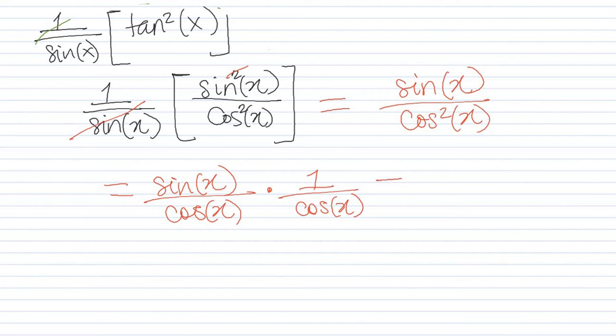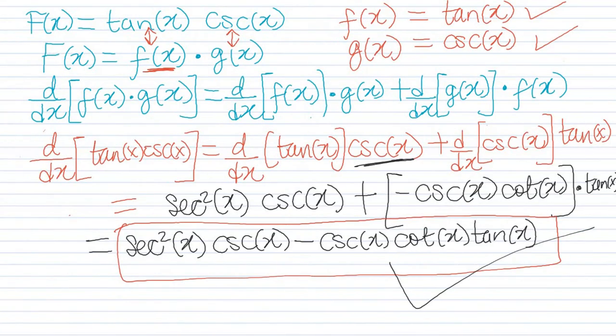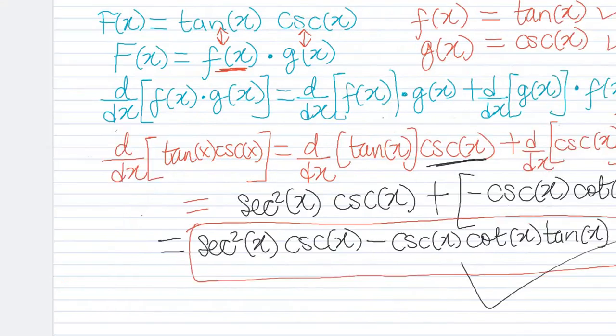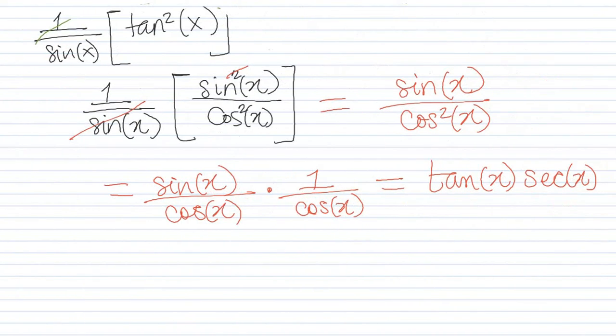And what we end up having is tan x over secant x, right? So remember, 1 over cosine x is the same thing as secant x. So 1 over cosine x is the same thing as secant x here. This is it here.